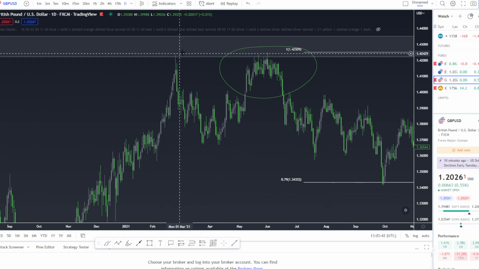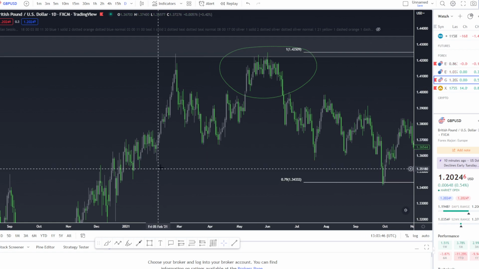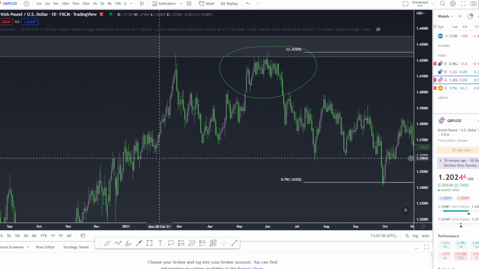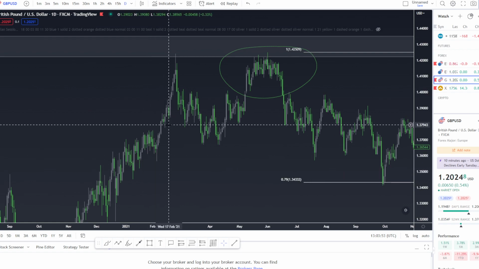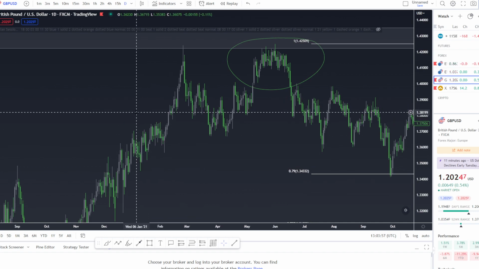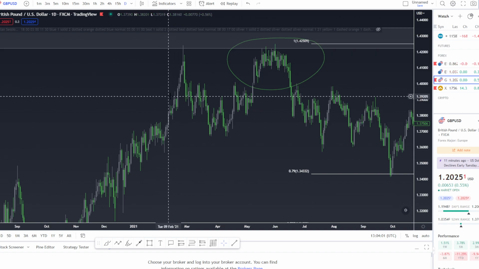It taps into it first, comes down, and it does not break this internal low that put in the high. Why is this the internal low that put in the high and not this or this? Because this is the low after the high that was before this high, okay? This here is not a high, all right?